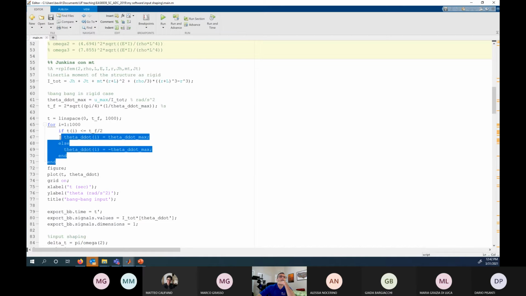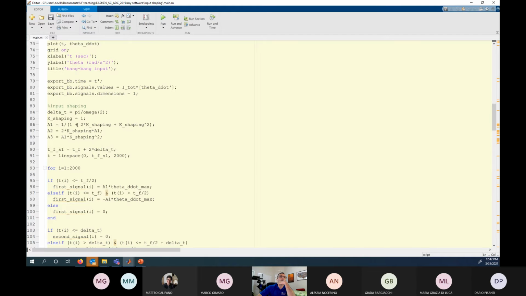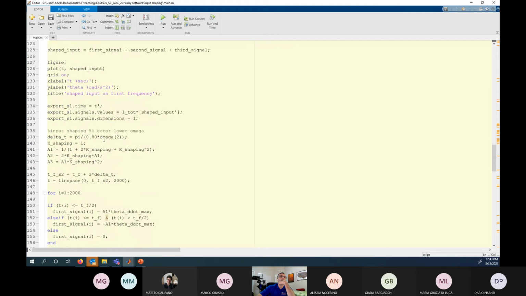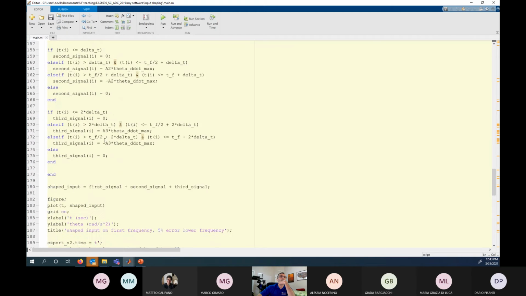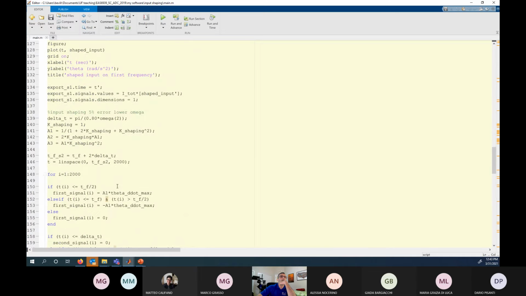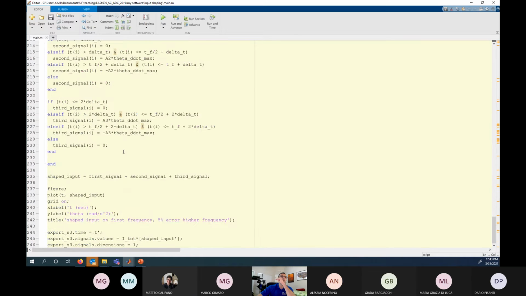You see, this is actually the bang, and we plot it, and then we start playing with the different input shapers. This is the first version, and I believe I have a second version with a 5% error in the omega, and a 5% error in the other direction for the omega.